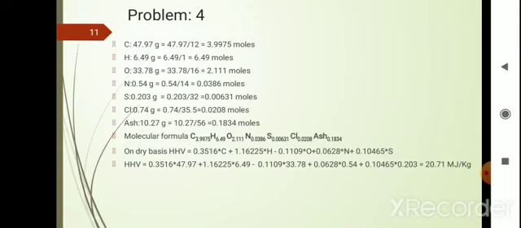So that is a very important conclusion. You see that the heating value is increased. On as received basis, the heating value was only 15.33 megajoule per kilogram. Now you can see on dry basis, for the same biomass, the heating value is increased to 20.71 megajoule per kilogram.